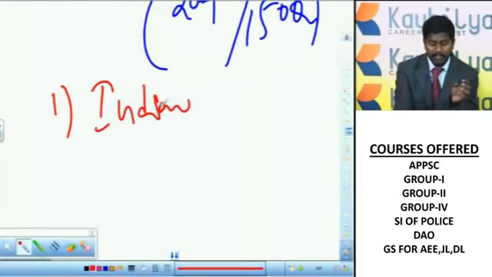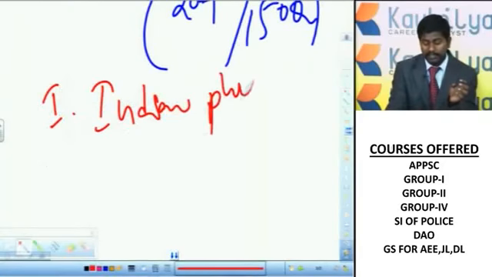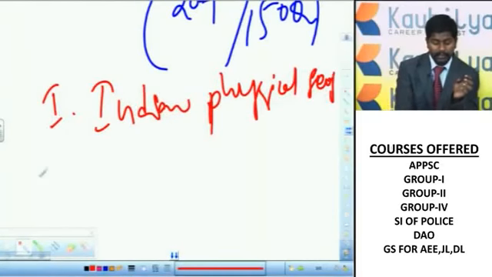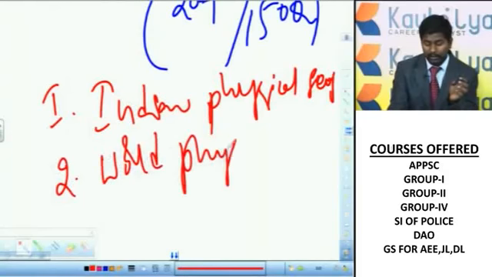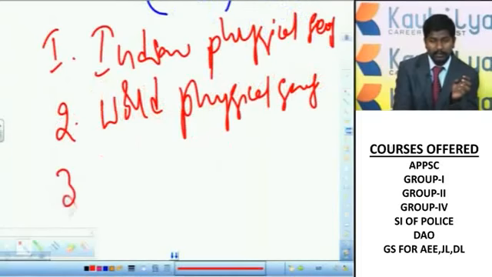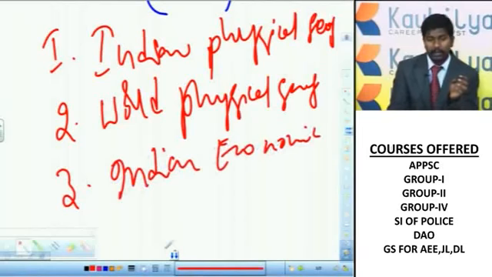From the examination point of view, the most important is first Indian physical geography, then world physical geography, then Indian economic geography, and the fourth one is world economic geography.